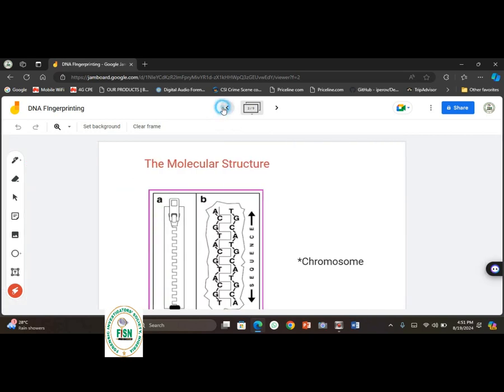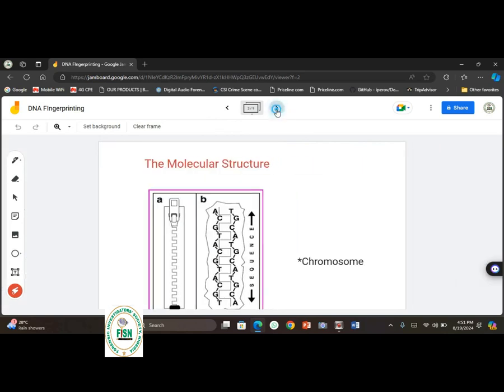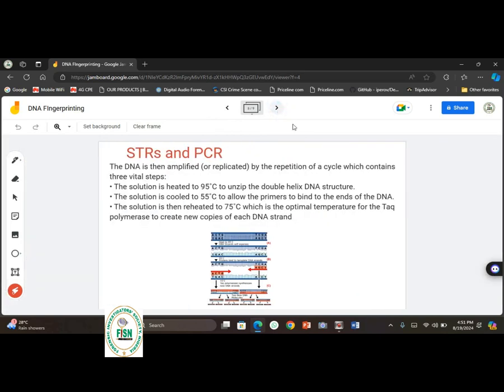This structure that you have here, this is the double helix DNA structure that you are referring to. So to unzip it, we heat it to 95 degrees centigrade.